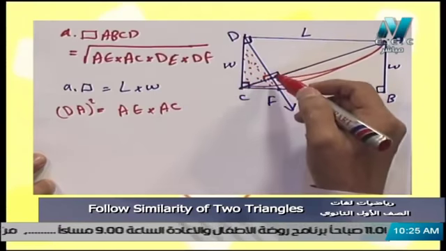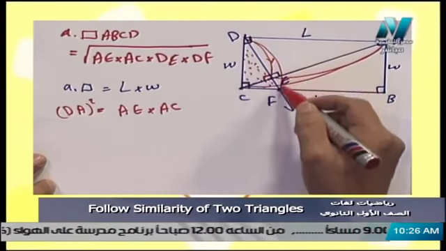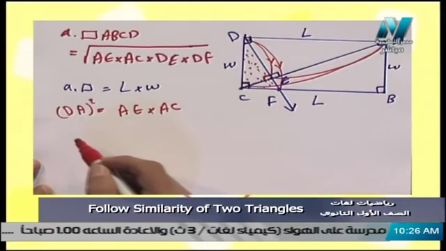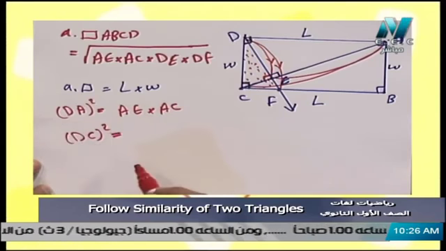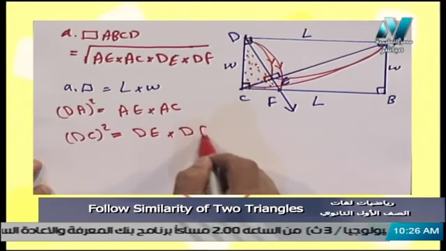Equal DE multiplied by DF. So DC power 2 equals DE multiplied by DF.